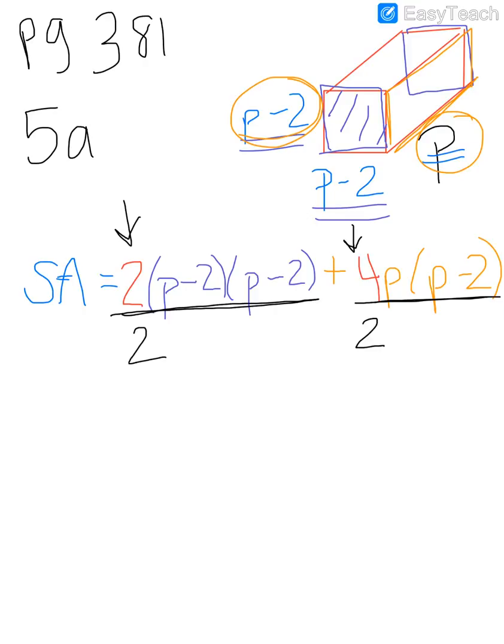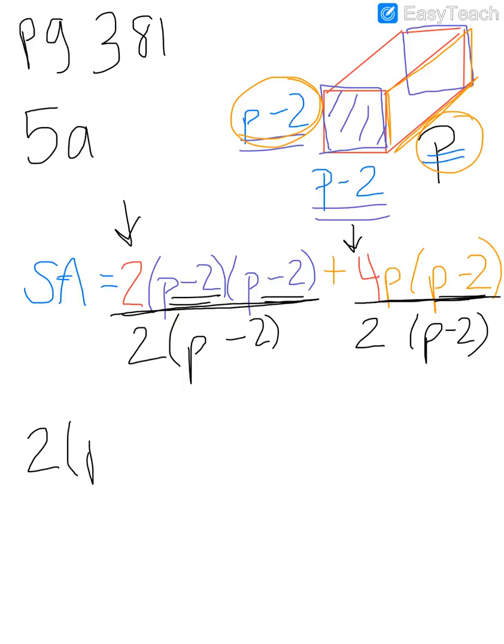Whatever you divide out, remember that goes in front of your bracket. Then look at your brackets. I've got a p minus 2, and a p minus 2. So what you could factor out is one of those p minus 2's from each side. Again, whatever you factor out goes in front of the bracket. And then there's nothing else I could factor out.